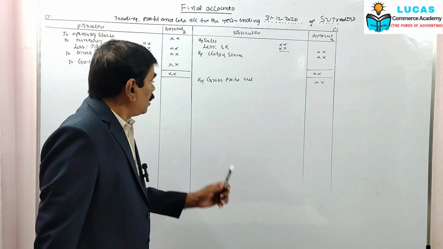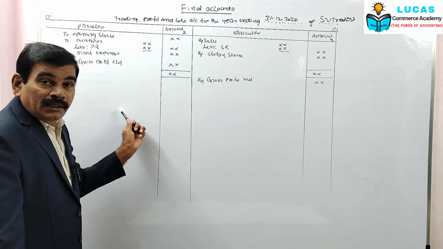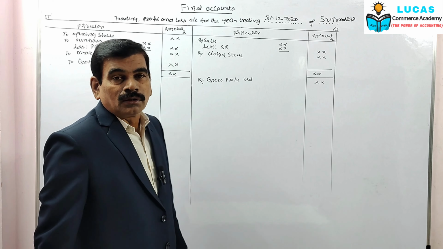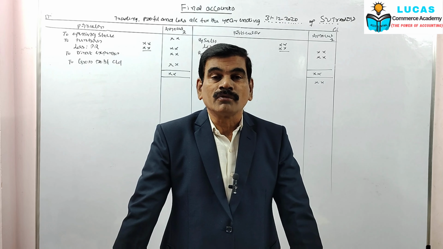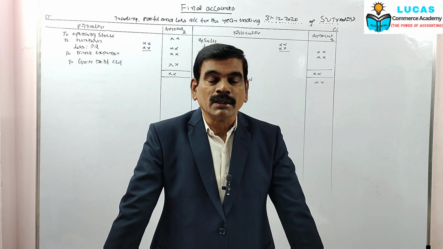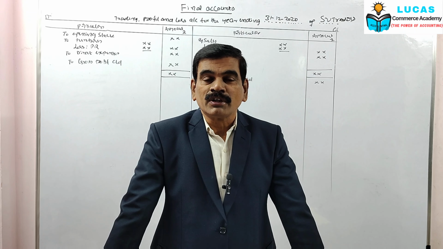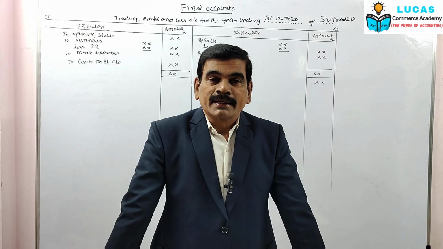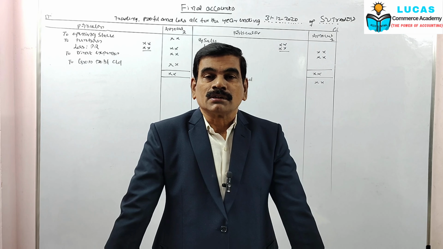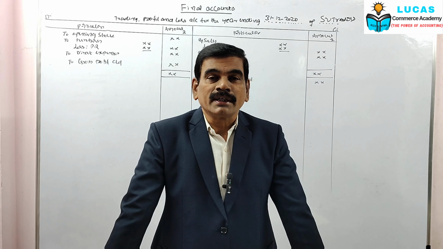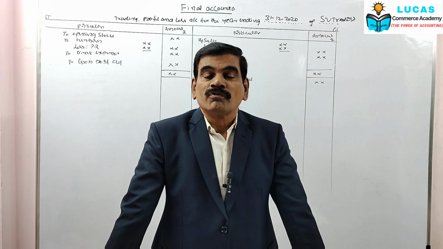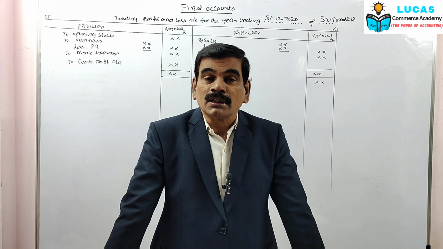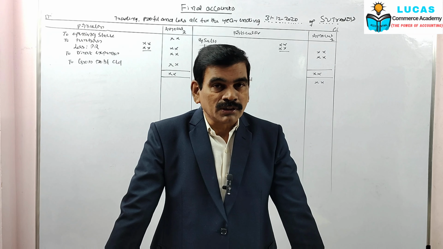All indirect expenses should be entered on the debit side of the profit and loss account. Expenses can be classified into two types: number one, direct expenses; number two, indirect expenses. Direct expenses means all expenses incurred from the stage of purchase till the goods are in saleable condition.